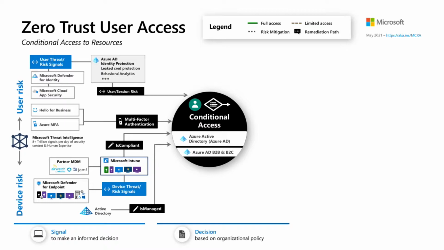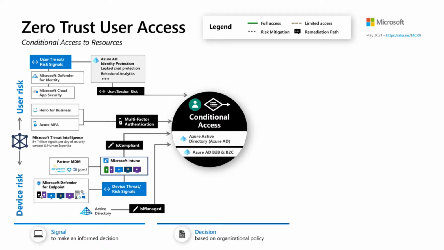One example I always like to give is, if my security policy as an organization says the device should maintain a certain level of patches, but that patch level goes down, am I going to allow that device to connect to my resources, which we'll talk about later, through conditional access?